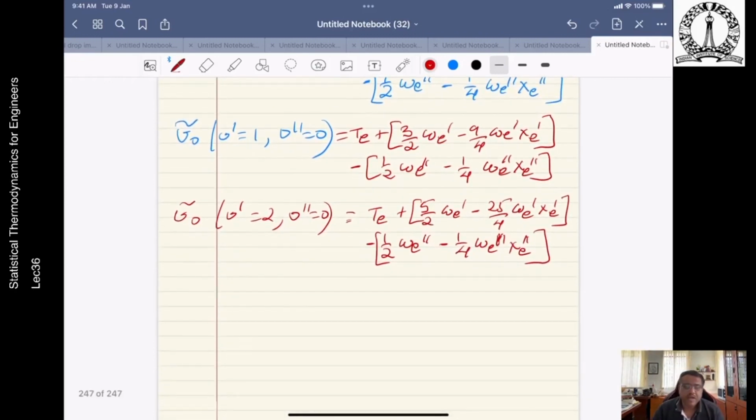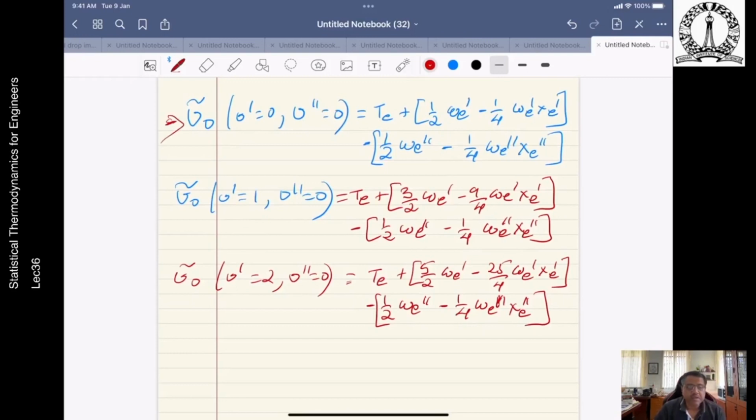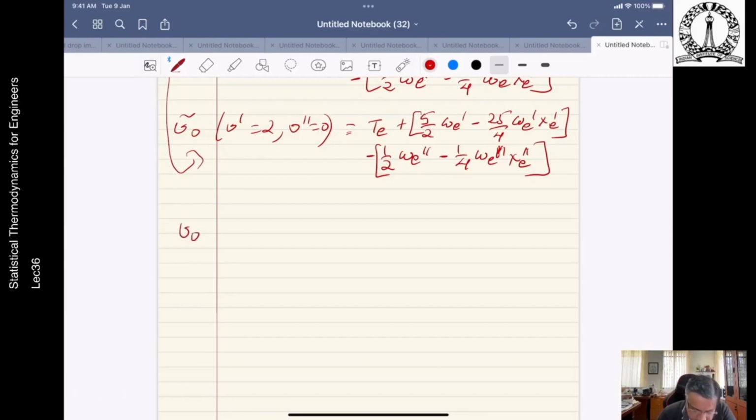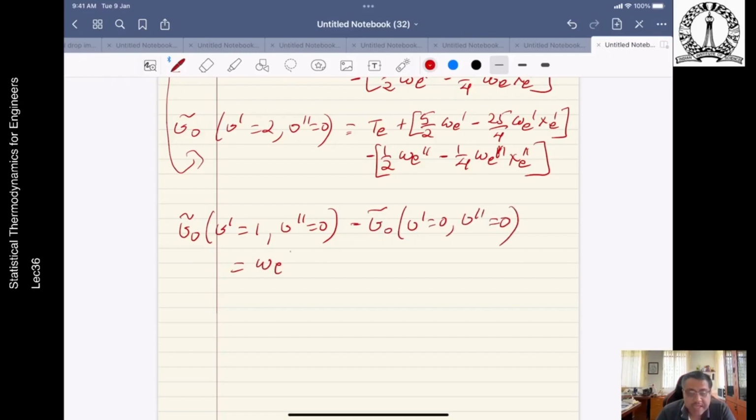If we subtract the first of these equations from each of the remaining two equations, we get: 0 is equal to omega_e' minus 2 omega_e' x_e'.